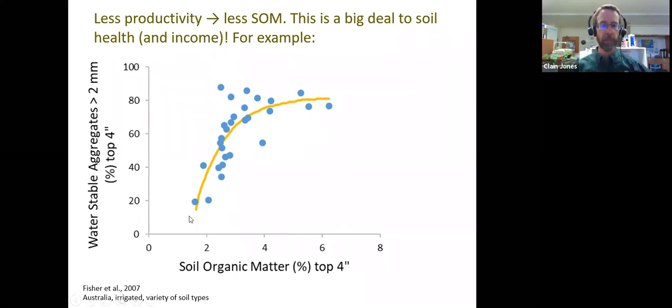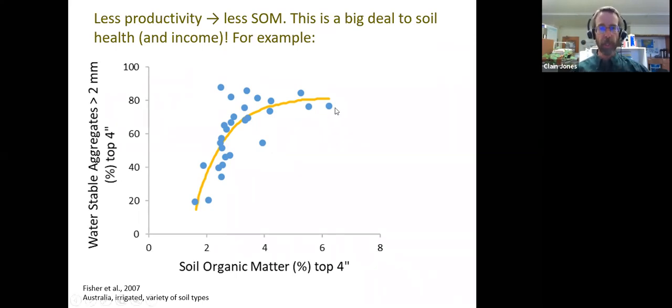So the results of this study are pretty dramatic, meaning as soil organic matter increases just from about 1.8% up to maybe 2% and 2.2%, the percent of water stable aggregates increases dramatically. So even if you're maybe discouraged that it's hard to increase soil organic matter on your farm very much, this really shows that small increases in organic matter can make a big difference in physical attributes of your soil.